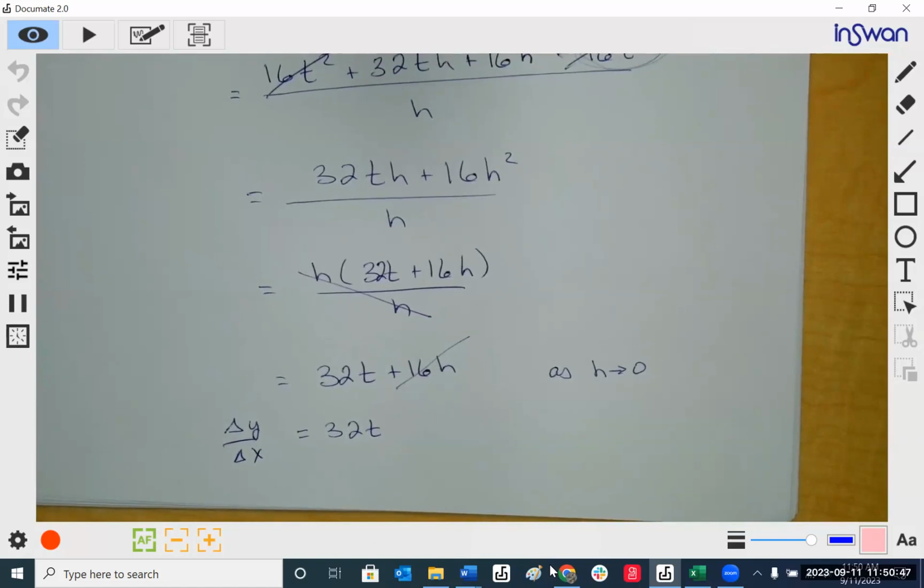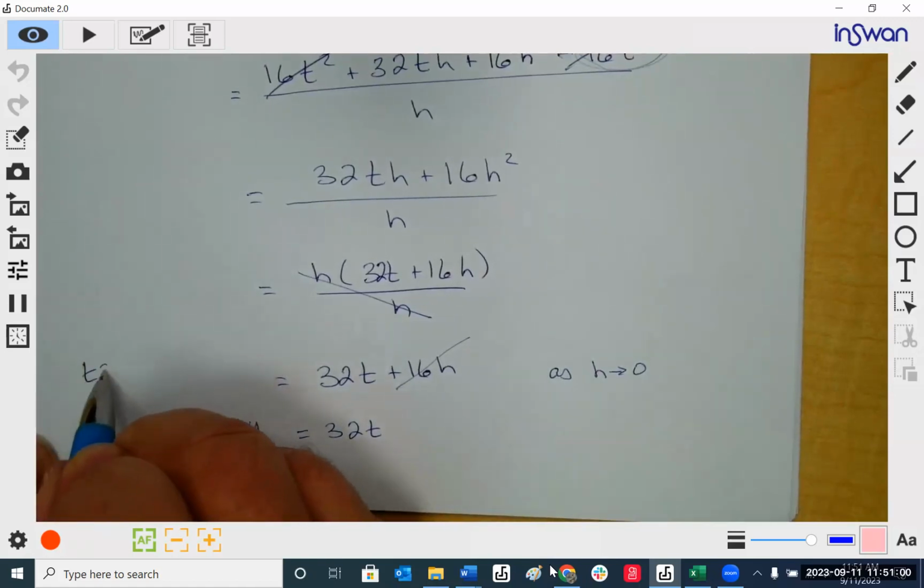Let's see, what else we have? Actually, we forgot something. Remember, it's 32t, but we said in our equation, remember the first one, t equals 1?